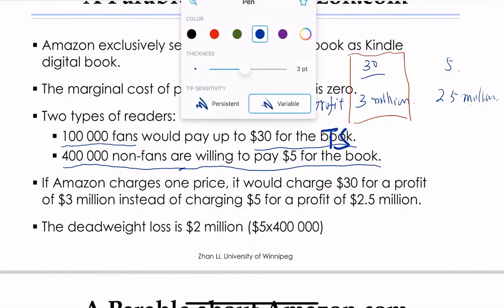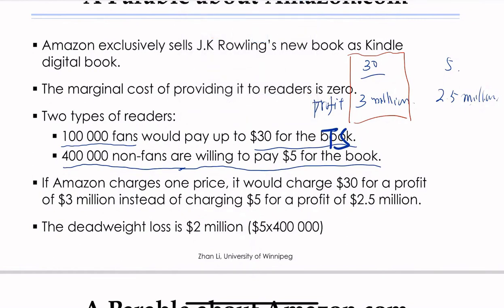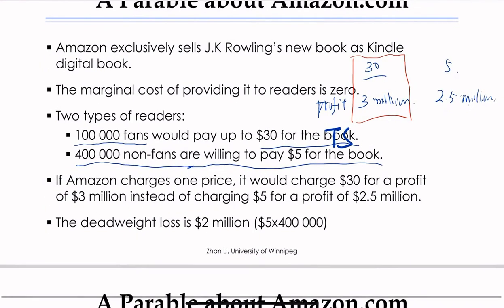If price is 30, the profit is $3 million and the consumer surplus is 0, right? Because price equals their willingness to pay. So here total surplus actually equals the firm's profit. So it's $3 million.